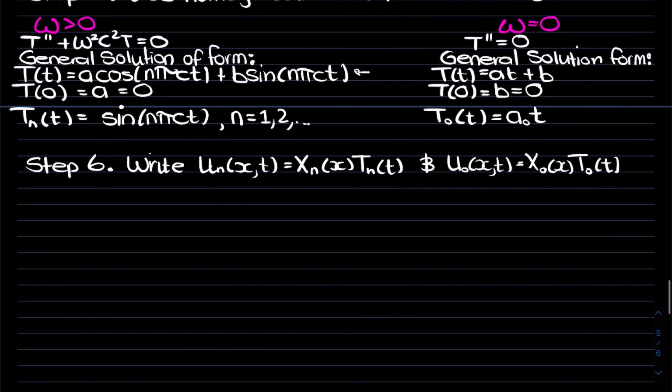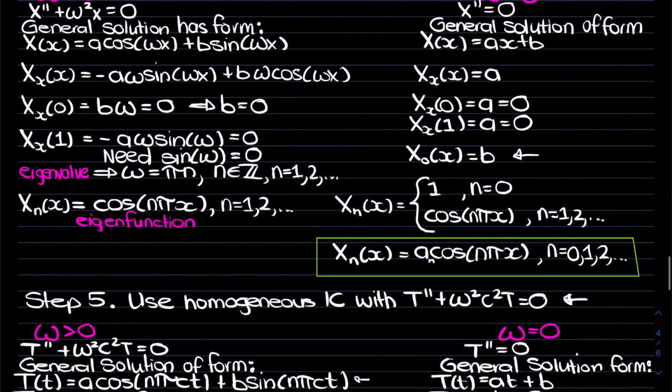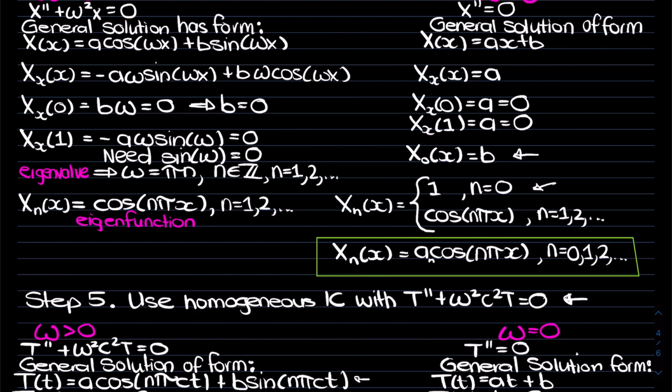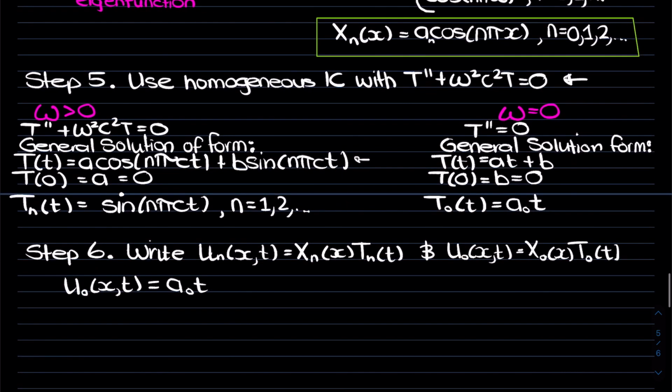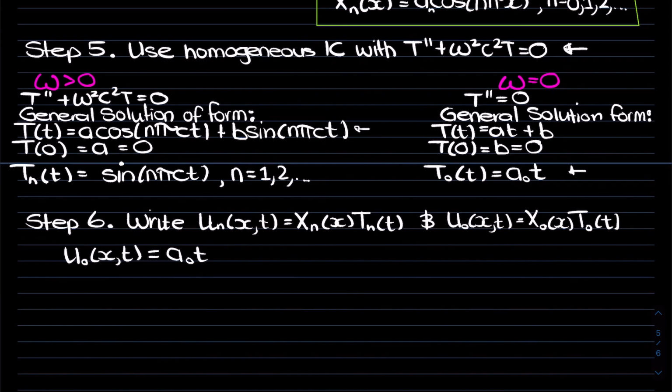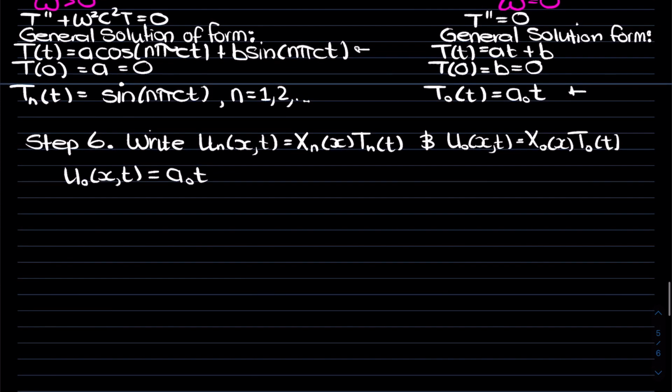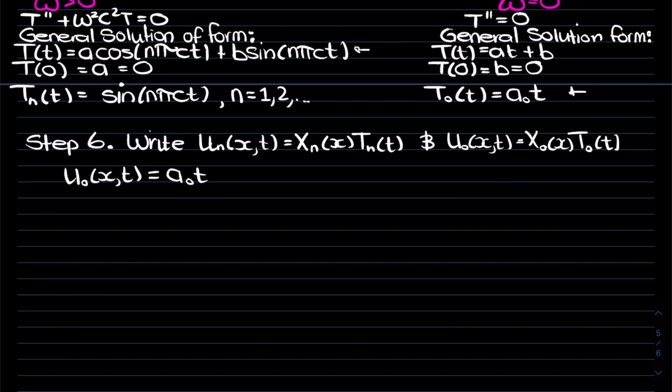So I'm going to write u naught of x,t equals a naught t, because we're just multiplying some constant, or 1, by this a naught t. Or if you use some constant back for X naught, you'll just get some constant times some constant a naught, which is again just some constant. So we're just going to continue calling it a naught, even though that a naught could be a different a naught.